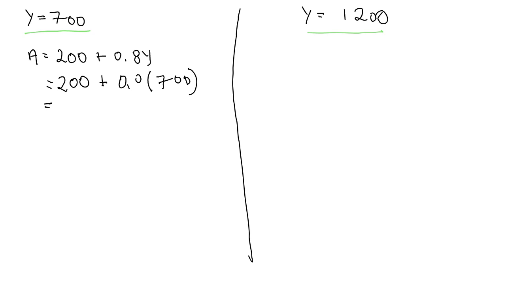And when you populate that into your calculators, what number do you get? What number do you get when we multiply 0.8 times 700?